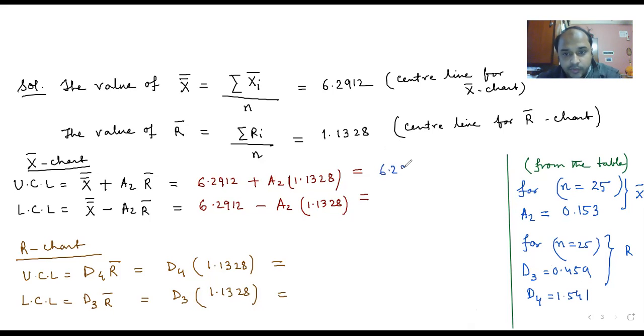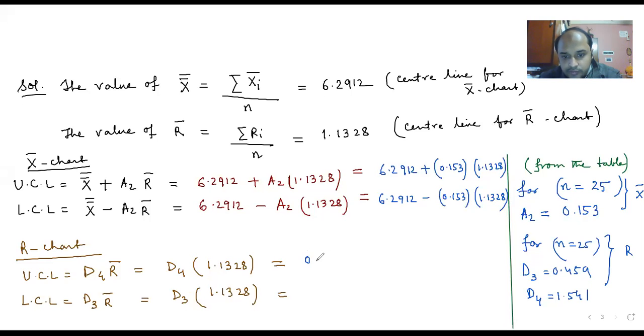So we write 6.2912 plus 0.153 into 1.1328, and 6.2912 minus 0.153 into 1.1328.